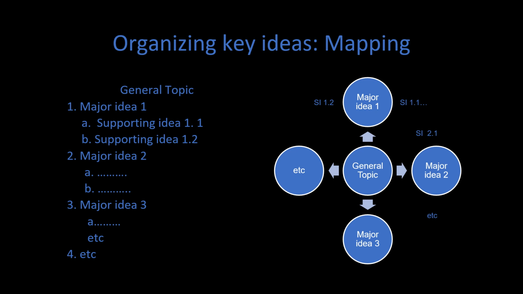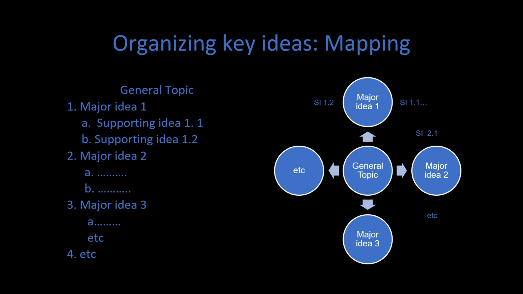Here are the tips for mapping. In mapping ideas, what you need to do are basically identifying and connecting. You can first of all identify the overall topic or subject. Write it at the top of the page as exemplified on the left side, or write it in the center as exemplified on the right side.